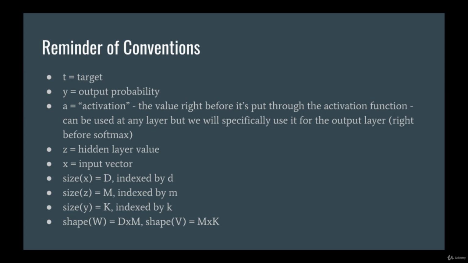Z is the hidden layer value, and X is the input vector. The size of X is big D and will be indexed by little d. The size of Z is big M and will be indexed by little m. The size of Y is big K and will be indexed by little k. The input to hidden weight is W and its size is D by M. The hidden to output weight is V and its size is M by K.